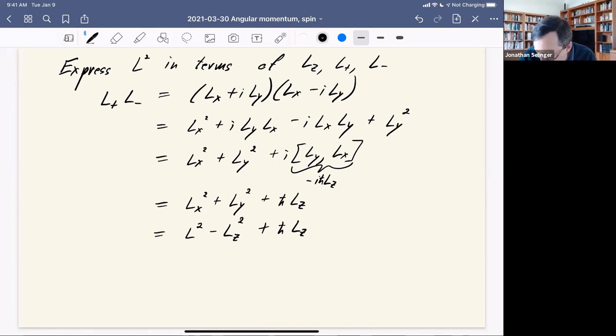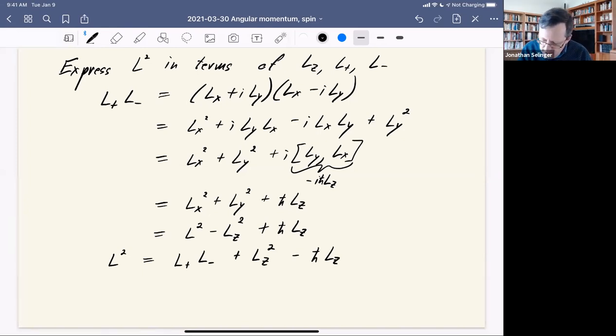So now we can take this equation and put L squared on one side, and we get that L squared is equal to L plus L minus plus LZ squared minus H bar LZ.